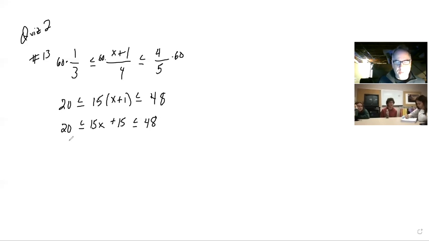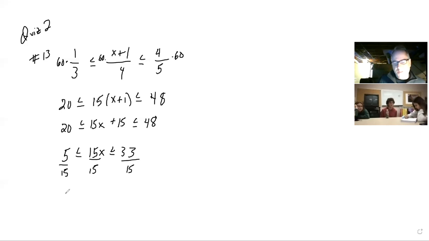Subtract 15 everywhere. So here would leave me with 5 less than or equal to 15x. And 48 minus 15 would be a net of 33. Then just divide everywhere by 15 to isolate x in the middle.